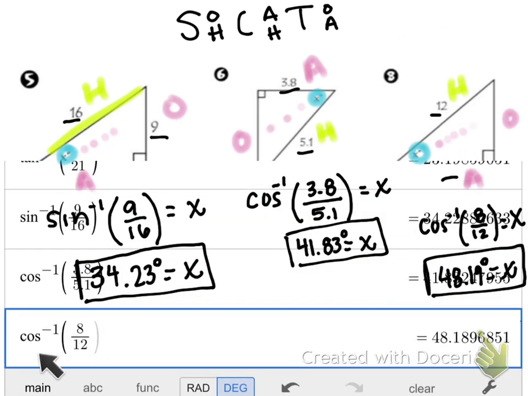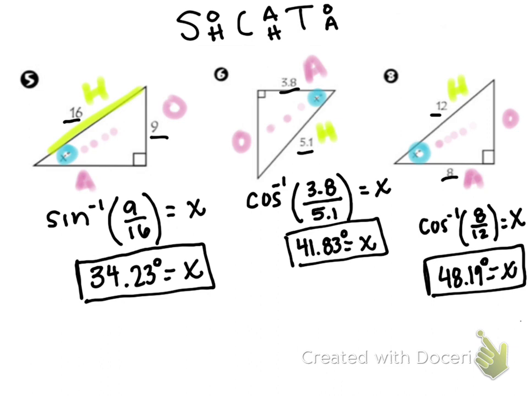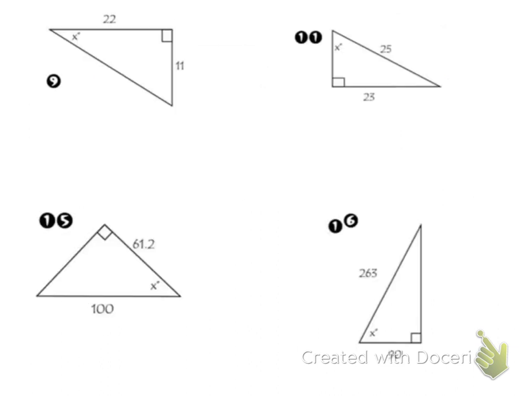All right, there it is: cosine⁻¹, 8 over 12. And that's how I got that answer right there. It was 48.189, so it was 18, but I rounded up because that 9 made that 18 go up to 19. All right, try the next one. Number 9, try number 9.